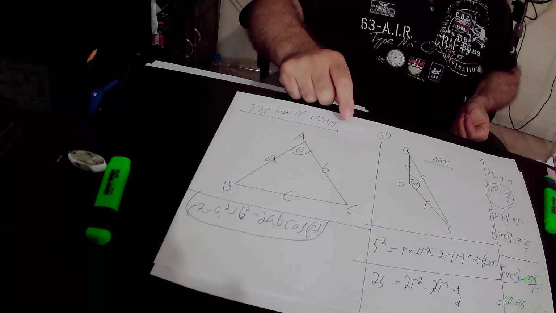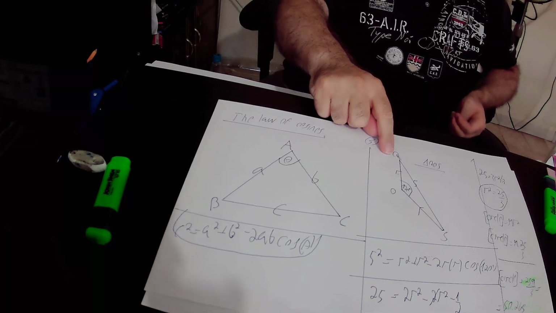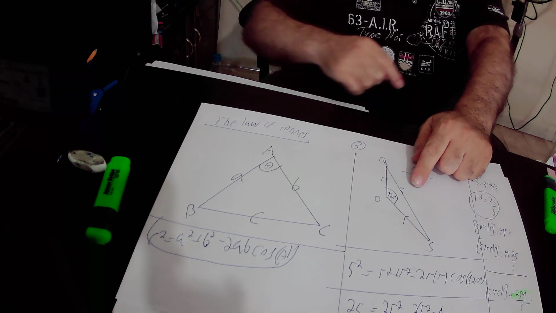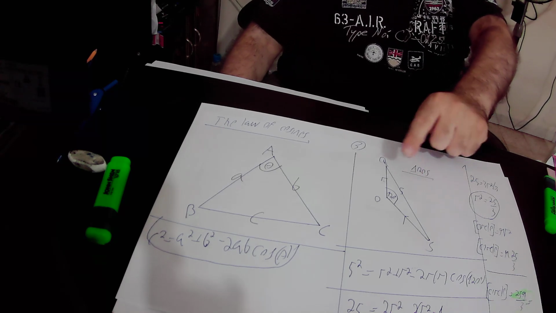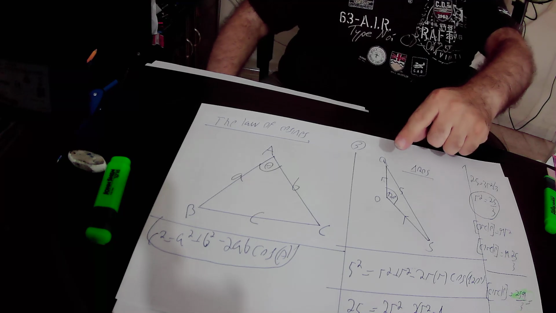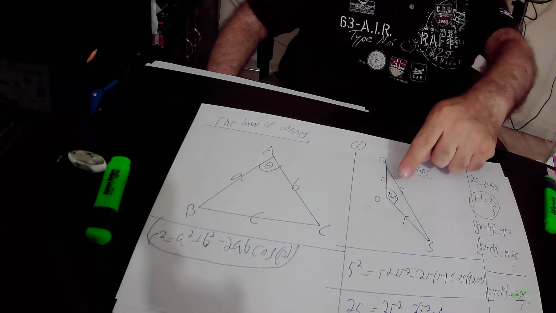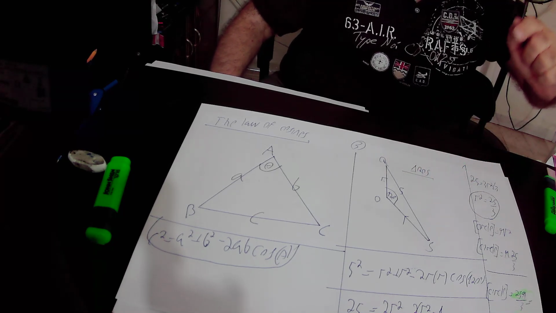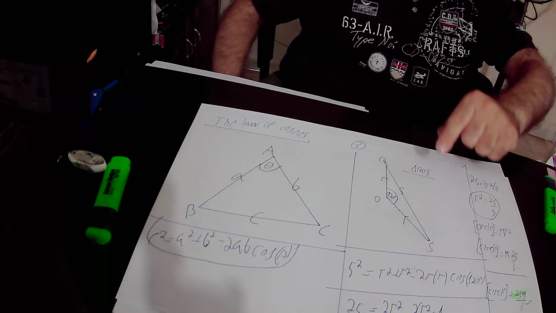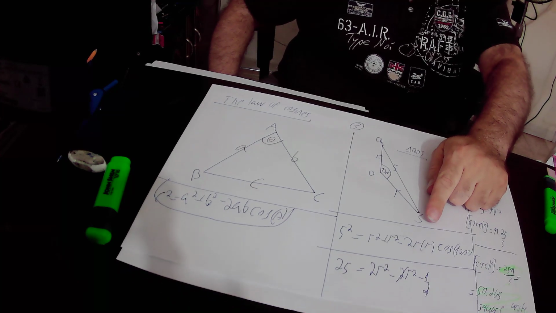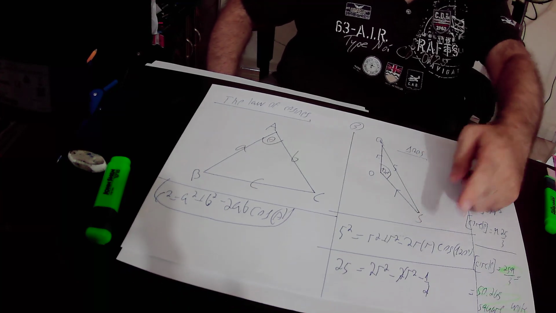We implemented the law of cosines in this triangle, triangle QOS. According to the law of cosines, in this triangle, 5 squared equals R squared plus R squared minus 2 times R times R times cosine 120 degrees. So 5 squared is 25, R squared plus R squared is 2R squared, and minus 2R times R is minus 2R squared.